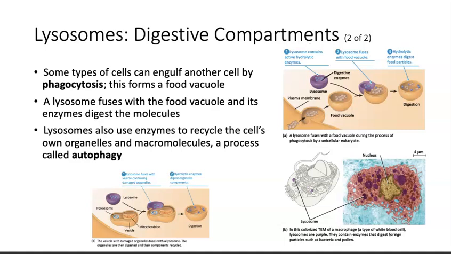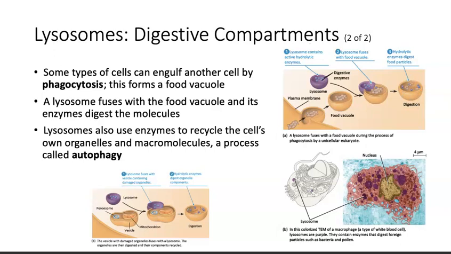So it brings in food in the form of something called a food vacuole. All right, so here's some phagocytosis, and it's bringing in a bunch of food, and that food is inside this vacuole. The lysosome merges with the food vacuole, and the digestion happens inside that merged structure.